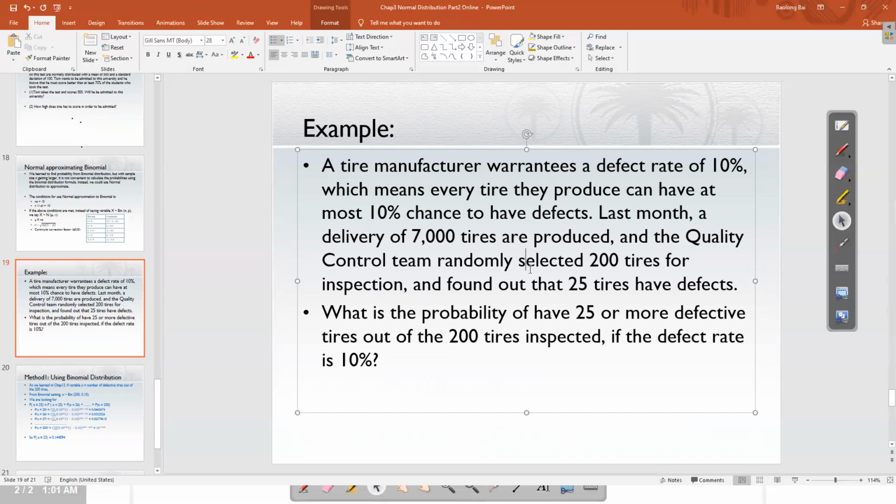So the question is, if we assume the fault rate is 10%, what is the probability to observe 25 or more defective tires? They inspected 200. So how likely are you to see 25 defective tires if you assume the defect rate is 10%?